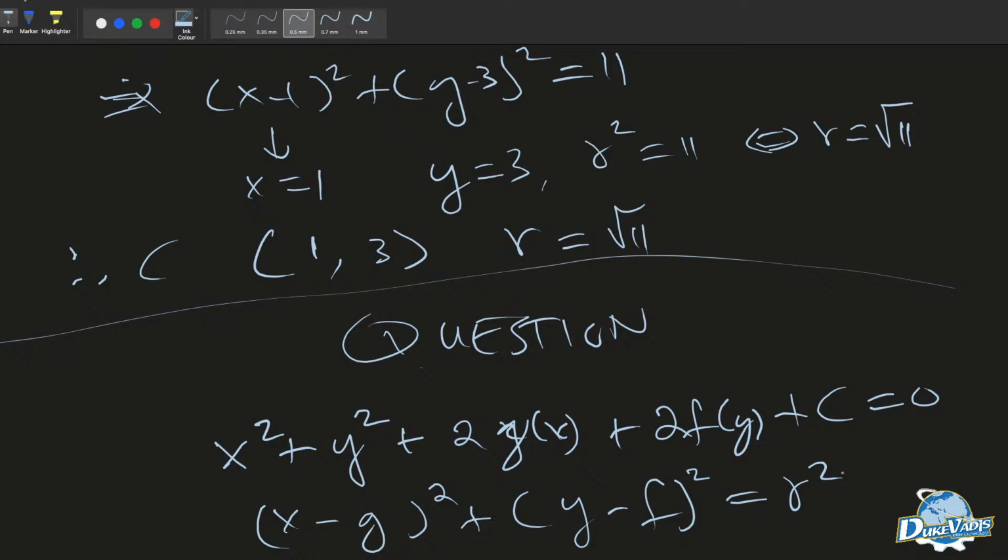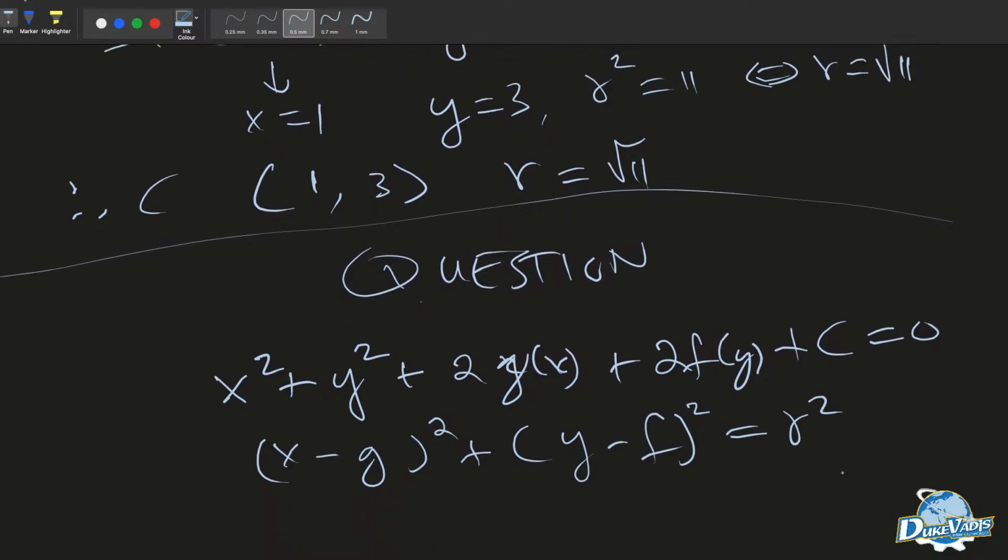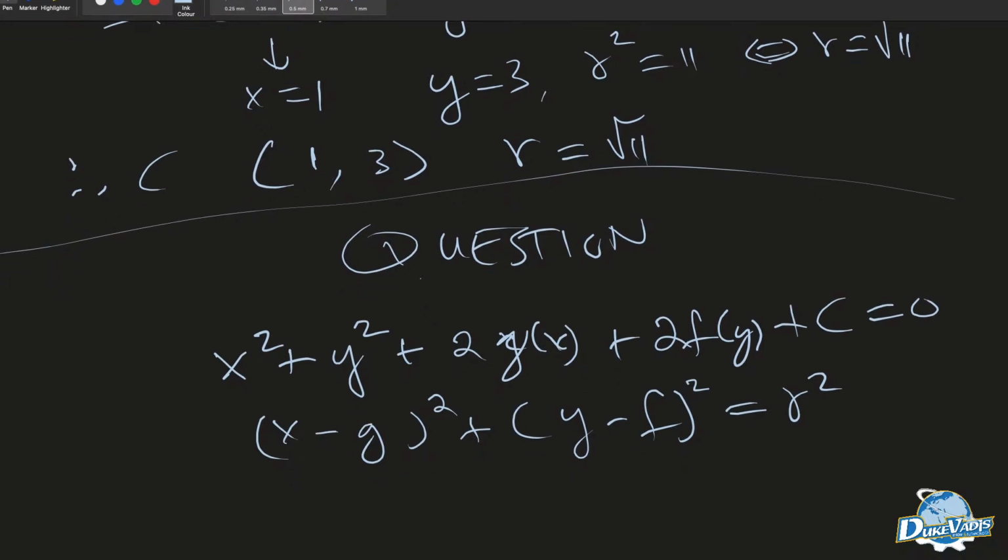Okay, so let's see how we can convince ourselves and let people know this is the same. So this was the question: is x squared plus y squared plus 2g of x plus 2f of y plus c equal to the same? In effect, if there's a function, that is how it will be like. So let's see how best we can address this question.